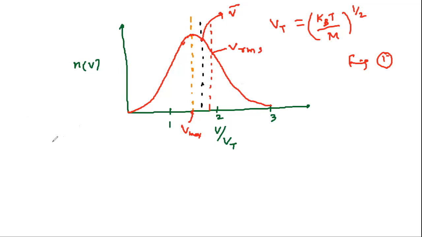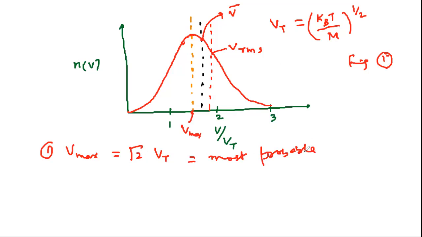Now this V max turns out to be root 2 times v_t, where v_t is under root kT by m, and this V max is the most probable speed.